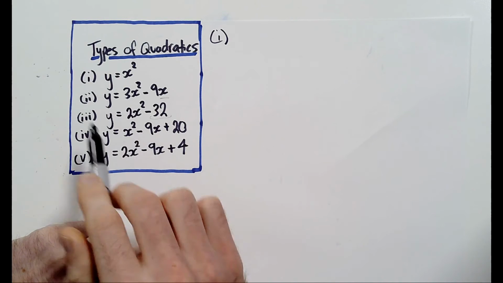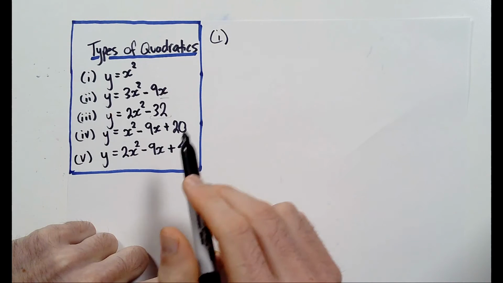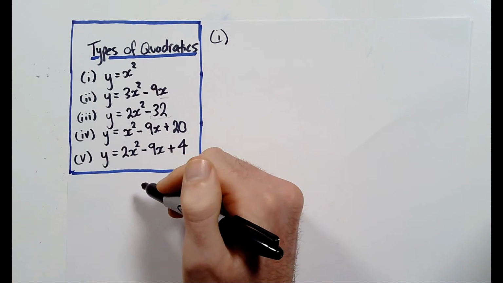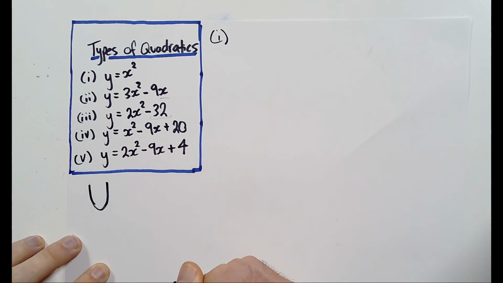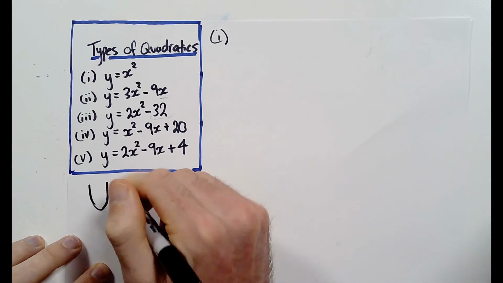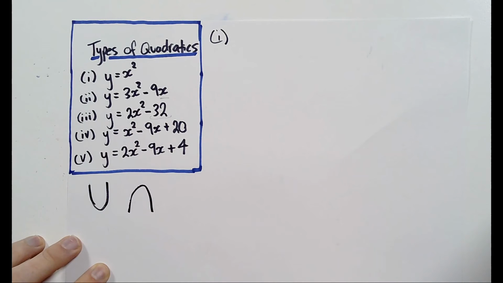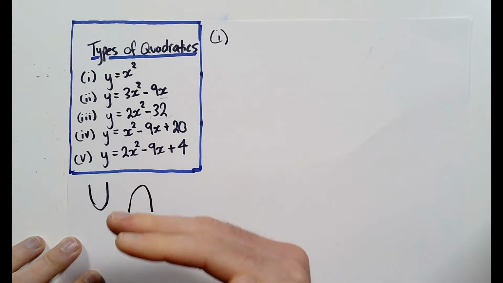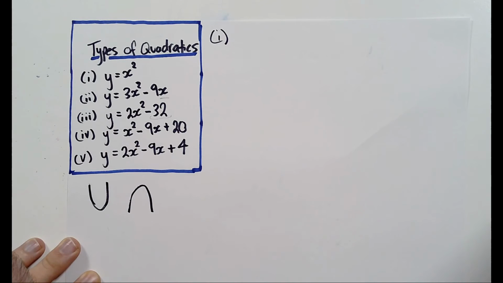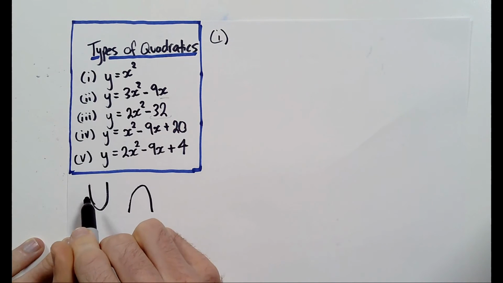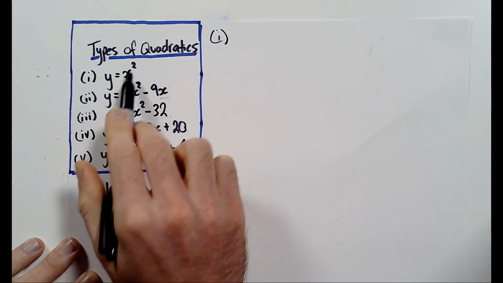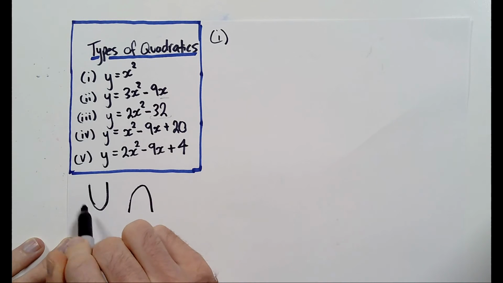So you can have up to 3 types of terms in a quadratic, with the biggest power on x being 2. Now when you draw a quadratic, just as a preliminary point here, you are either going to get a parabola that is upward facing, so it's like a normal U shape, or you're going to get an upside down U shape. It will be a normal U shape when the number in front of x squared is positive. So if you have a positive 1, an invisible 1, like in the first case, when you draw the graph of y equals x squared, it is going to be a normal U shape.